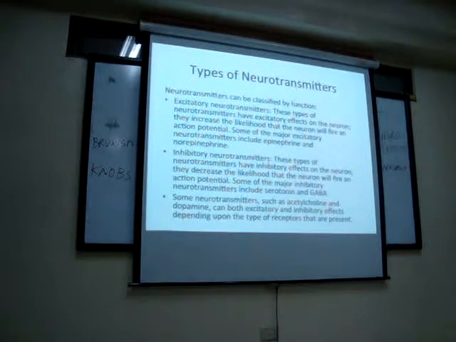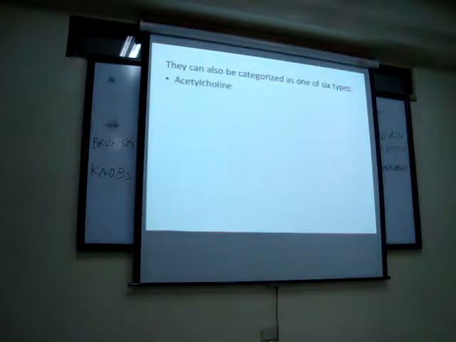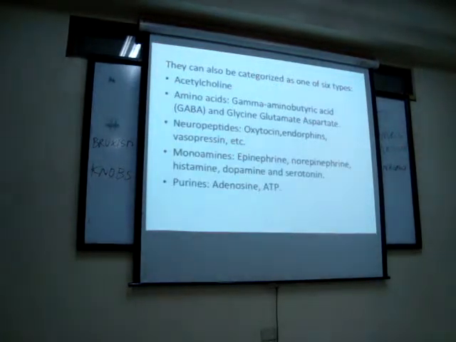And some neurotransmitters like acetylcholine and dopamine can actually be both excitatory and inhibitory depending on the type of receptors that are present and depending on the function of a particular place in the brain. So there are 6 types. We talked about this last meeting as well. There's acetylcholine.